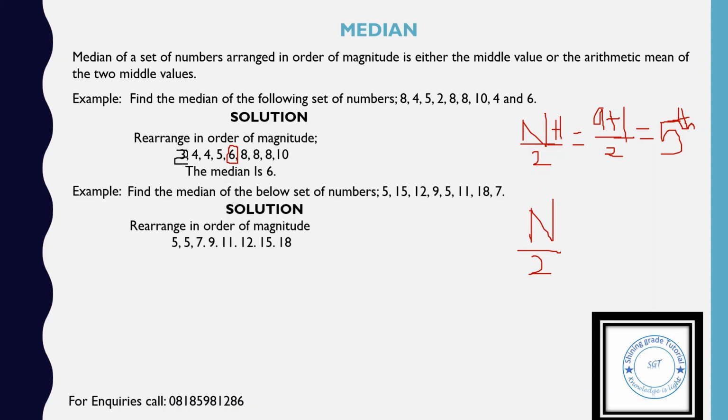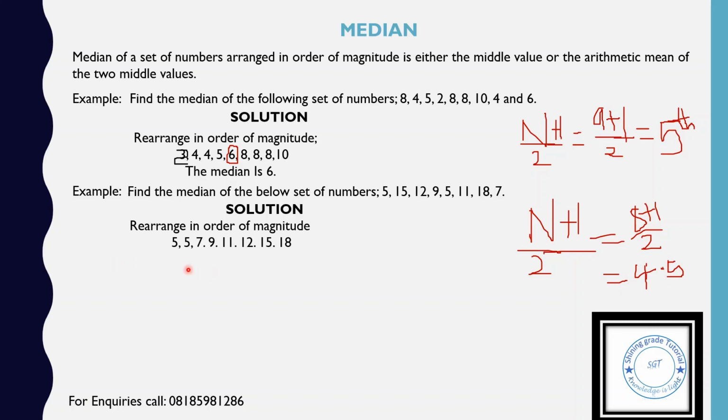So plus 1 over 2. So we have 8 plus 1 divided by 2, so 9 over 2, and 9 over 2 will give us 4.5.